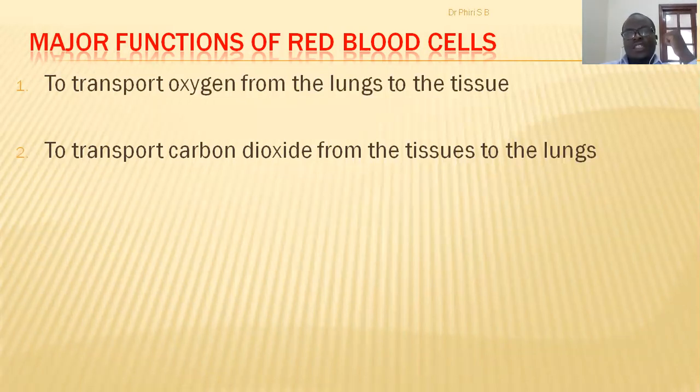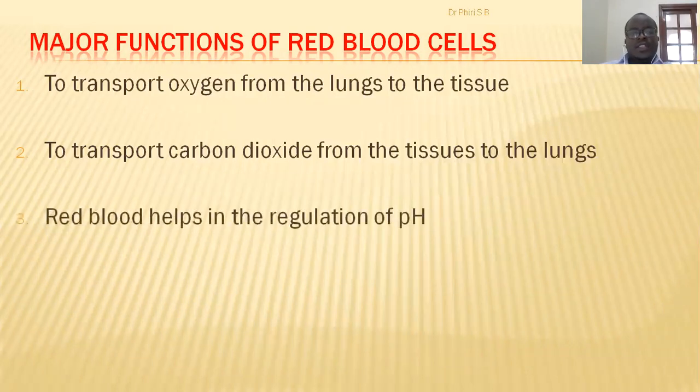The oxygen is binding to the heme group of the hemoglobin, and the heme group is the one that contains iron. And this iron has to be in ferrous state. Otherwise, if it's in ferric state, that can interfere with the affinity of this hemoglobin to oxygen. So it doesn't carry much oxygen when it's in ferric state. So you need to have ferrous state of iron for it to carry oxygen.